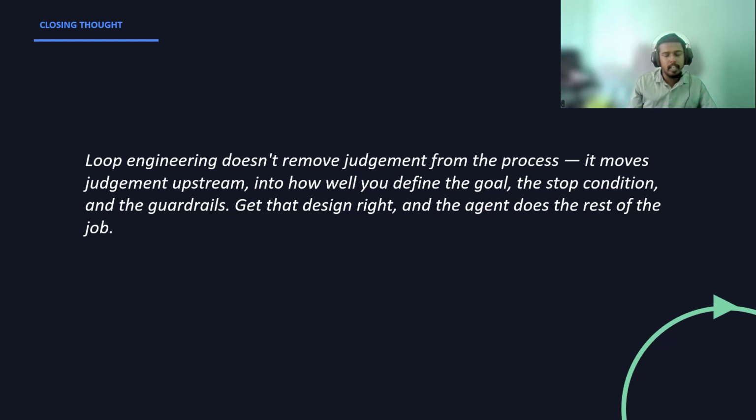By deciding whether to use a loop or not, by using the right tools, and by designing upfront, these agent loops can be used to improve efficiency in a huge way. So that's all for this session. I hope you got an understanding of loop engineering. Thank you.